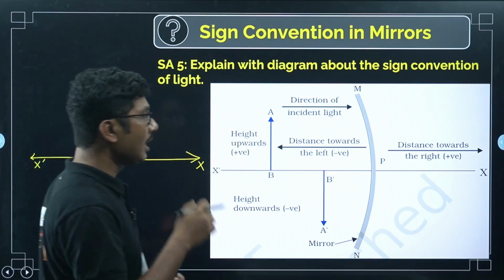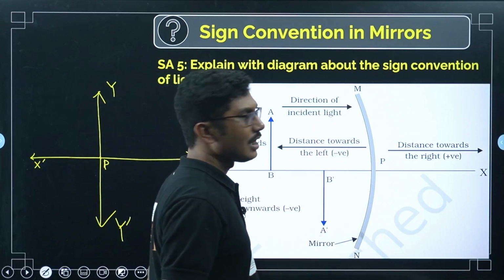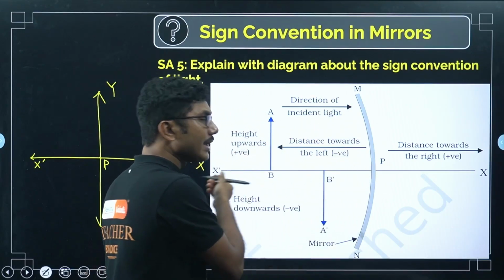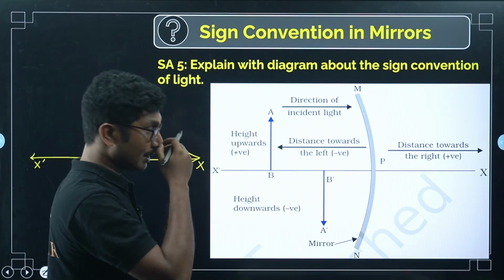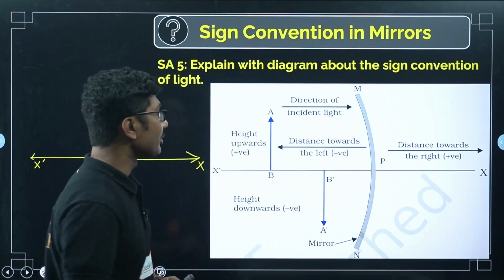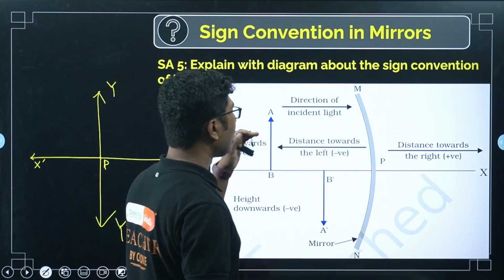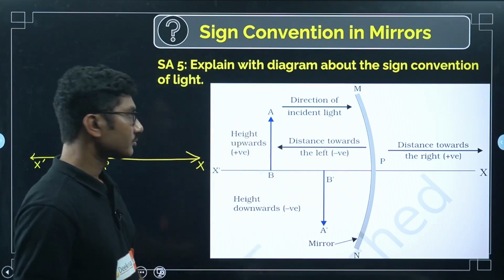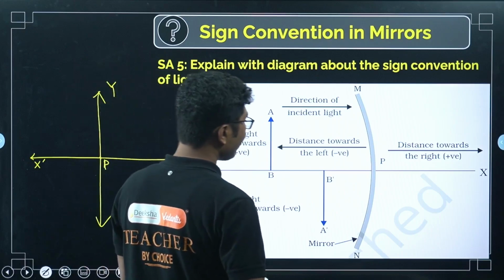So for example, whenever we are considering a mirror and an object, the object distance is always on the left hand side, that is on the negative x-axis, right? So we will always consider the object distance as negative.